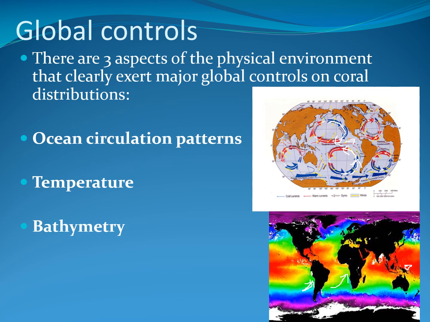And then another factor is bathymetry. Corals kind of need shallow stepping stones for the larvae to settle. If they have those shallow stepping stones, then that means they can settle.